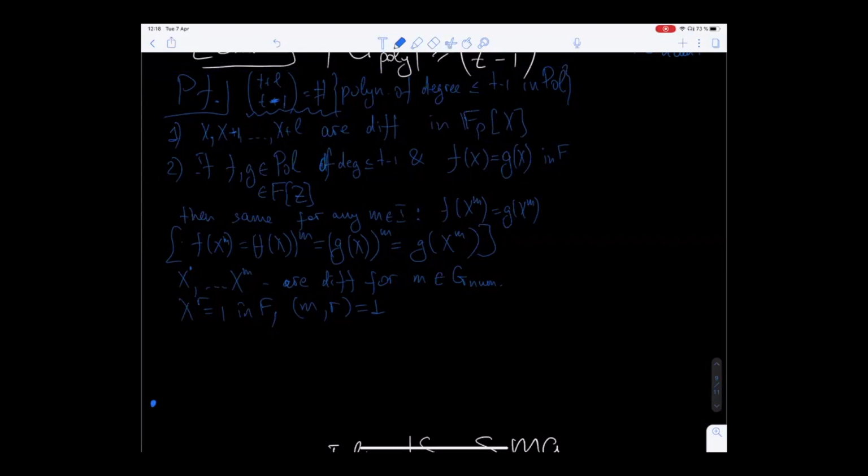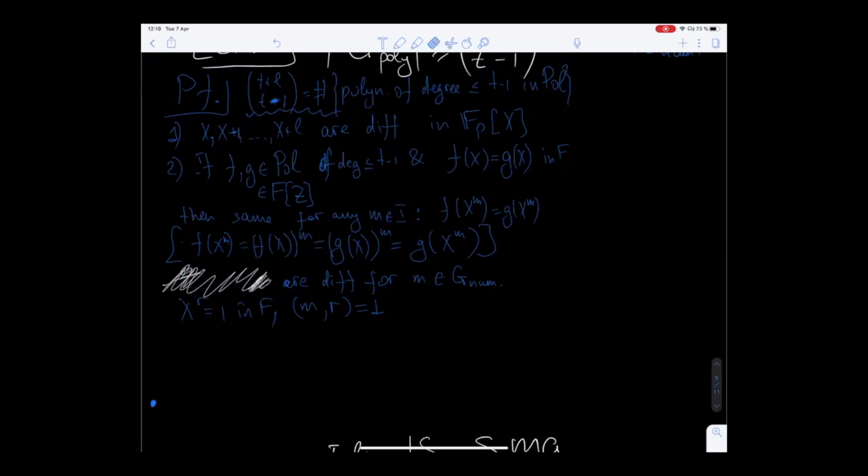So we assume that f of x and g of x, two low degree polynomials, coincided in F. From there, using the properties of polynomials in our set Pol, we deduced that f of x to the m is equal to g of x to the m for any m. Actually maybe this I should write differently.